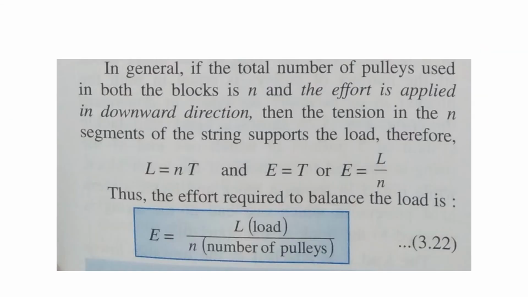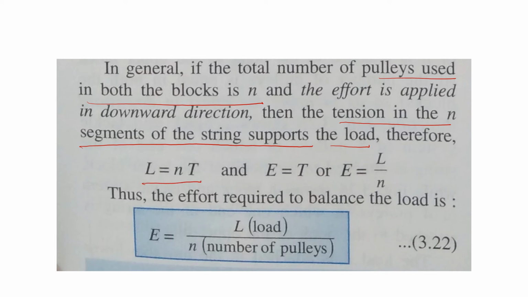Now in general, if the total number of pulleys used in both the blocks is n, and the effort is applied in the downward direction, then the tension in n segments of string supports the load. That means L is equal to nT.